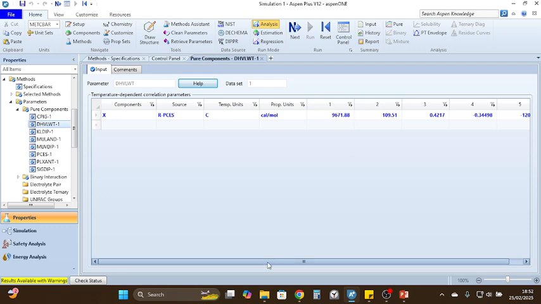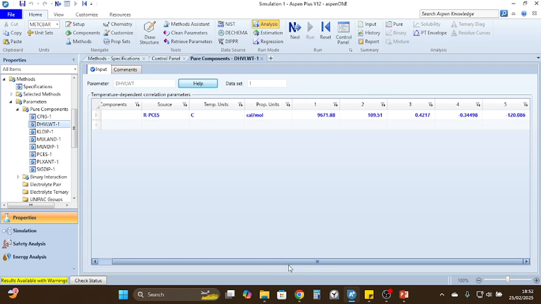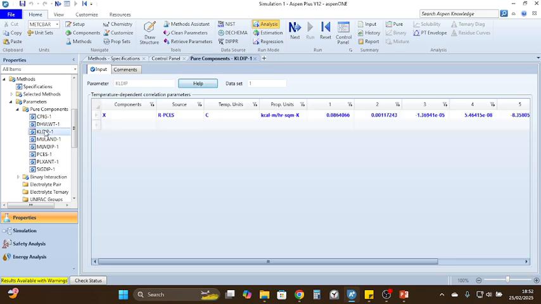These are all estimated from the molecular structure that we have provided initially.